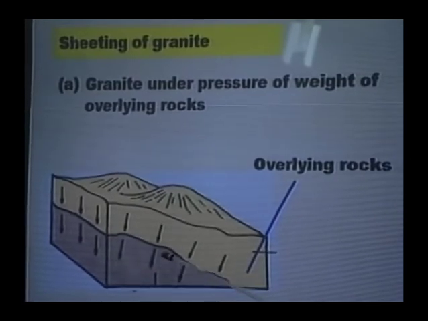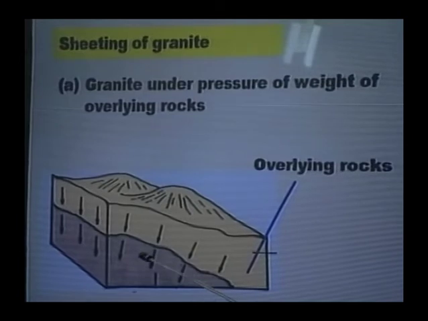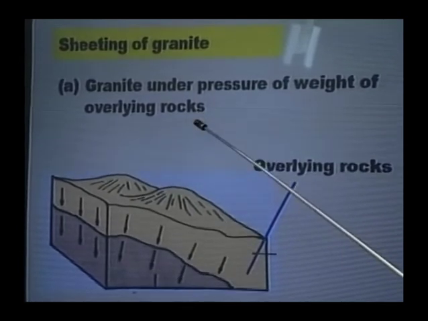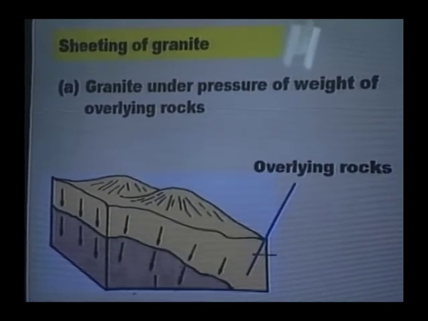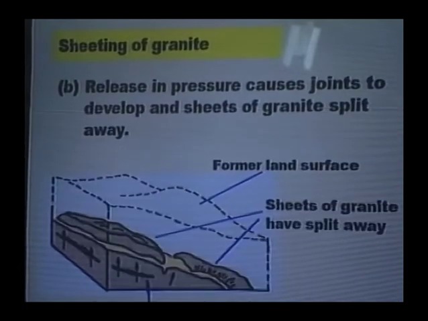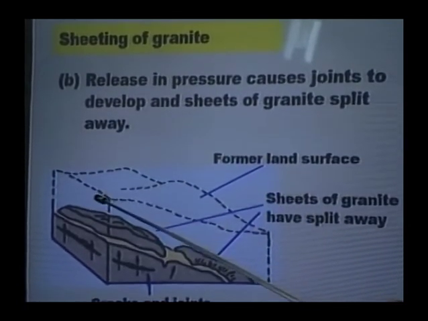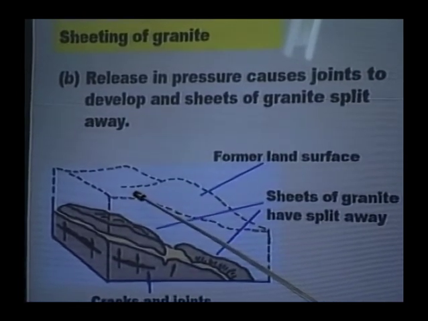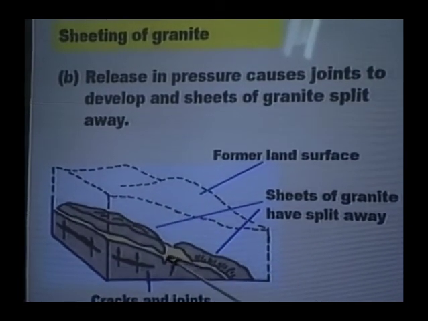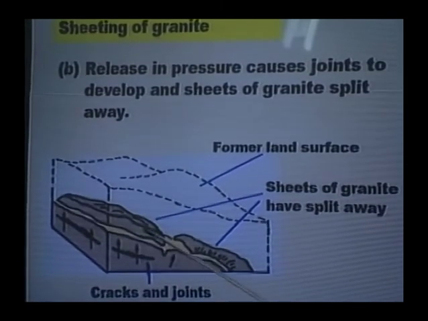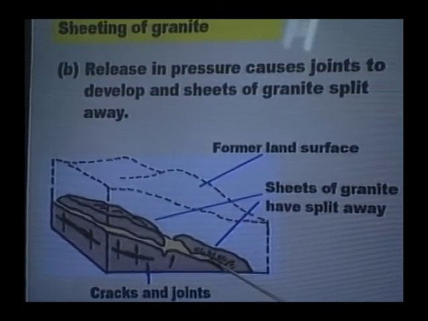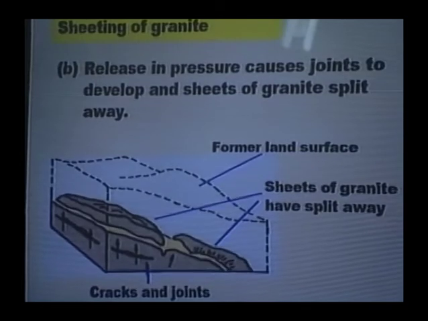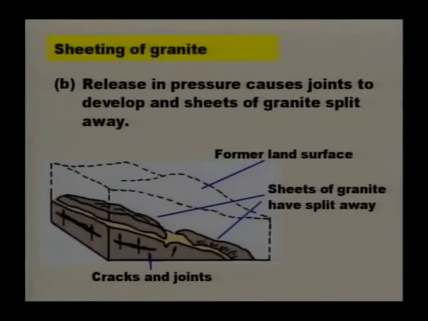The arrows indicate the pressure exerted on the rock of granite underground. Erosion of the rocks above will mean the pressure is released, and you can see joints or cracks develop. Splitting has taken place, and here we have an example of physical or mechanical weathering.